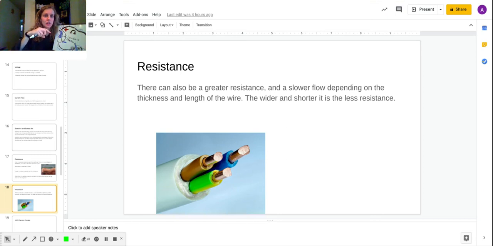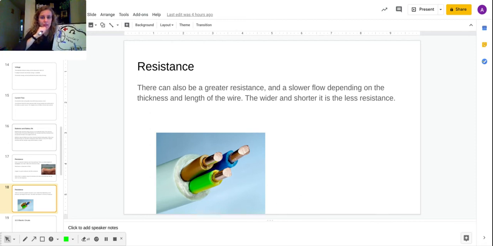But if you tried to run a 400-meter dash in pudding instead of on the normal track, that would cause a lot more resistance, and you would be a lot more tired and worn out, and probably sweaty and warm by the time you finish that race. Just like that, the thickness and length of wires can have an effect on the resistance.